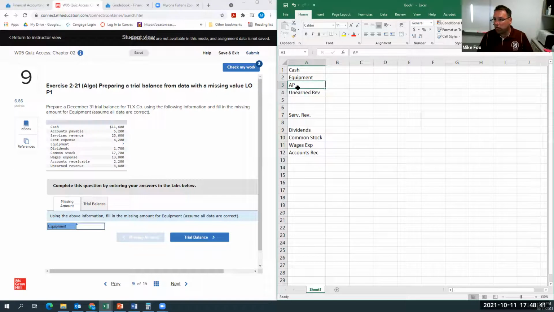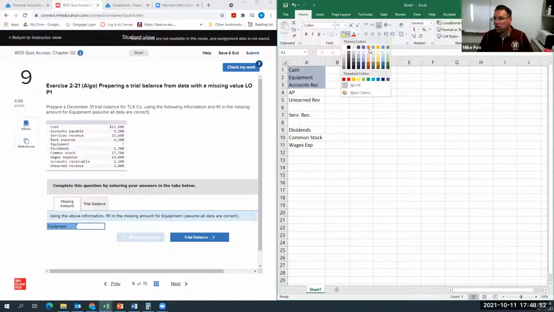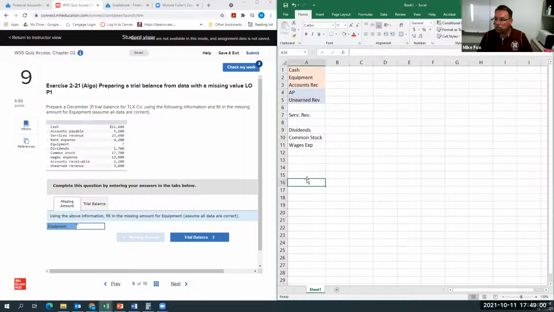Oh, I forgot accounts receivable, or I missed it. I didn't really forget it. Accounts receivable is also an asset. Those are my assets. I'll do my assets in light orange, my liabilities in like a light blue.